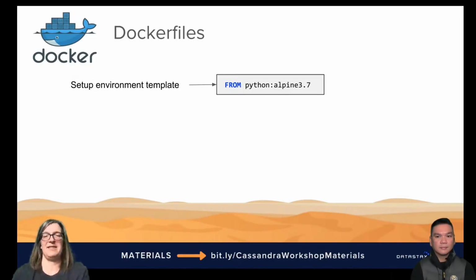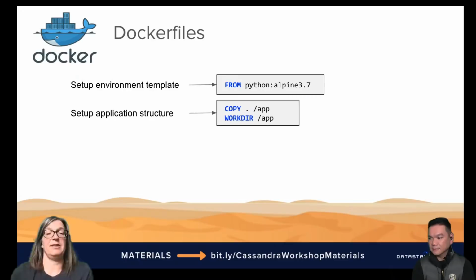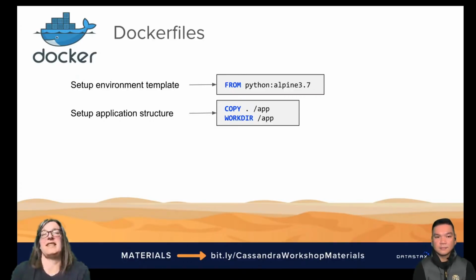It could have been 3.8, or I probably could have. So Alpine is a very, very small Linux distribution. Then we're copying the application into the working directory of our Docker image, right? So we copy everything. This is why you need to be in the right directory.